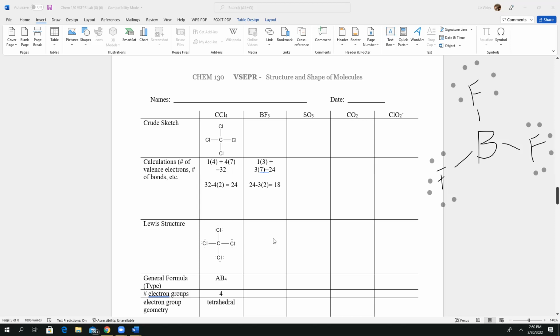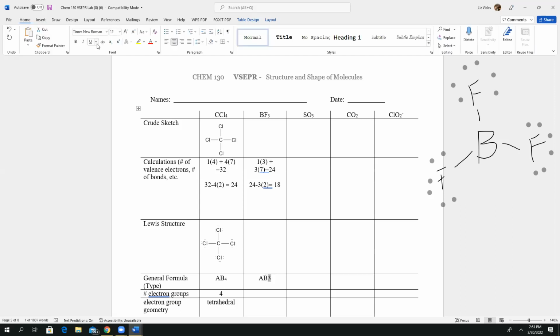They don't need but 6 for group 3, 4 for group 2, and 2 for group 1. Okay, so the next thing to do is to write down the type. It's obviously a central atom bonded to 3 atoms, right? So it's an AB3, which tells me that we have 3 electron groups, right?